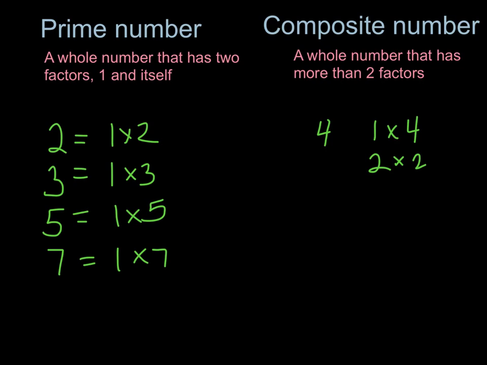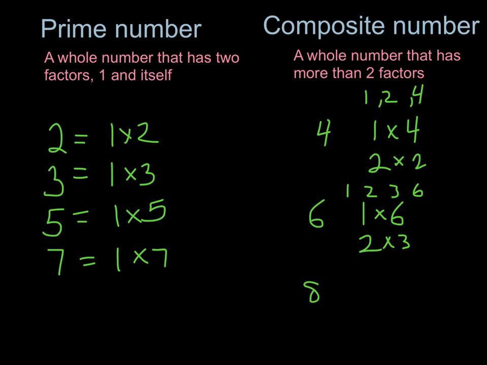So the factors of 4 are 1, 2, and 4. Okay? 6 would be a composite number because I can times 1 times 6 and I can do 2 times 3. So the factors of 6 are 1, 2, 3, and 6.